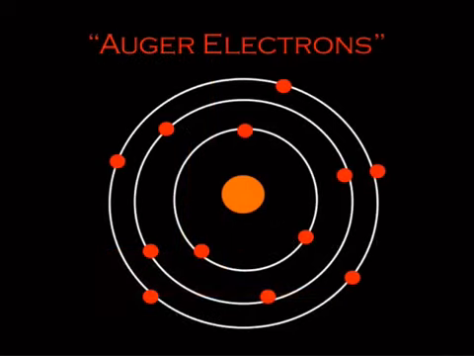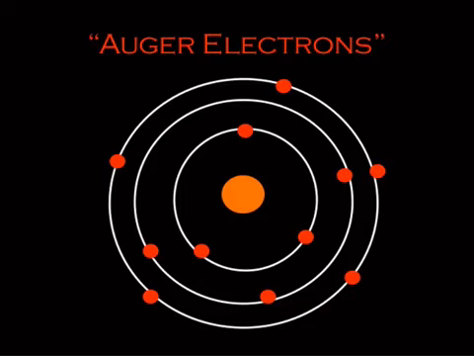Okay. There's another thing called an Auger electron. This is a thing that you'll hear about sometimes. And this is a situation where you've got your electron that comes in. It is ionizing. You do get an electron that gets knocked off, and because of that, one will drop in to take its place.